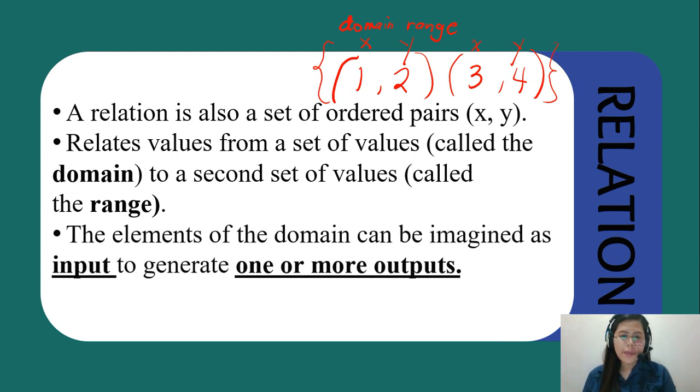Next, the elements of the domain can be imagined as input to generate one or more outputs. So x is also your domain, which is also your input, and y, which is also your range, is also your output.